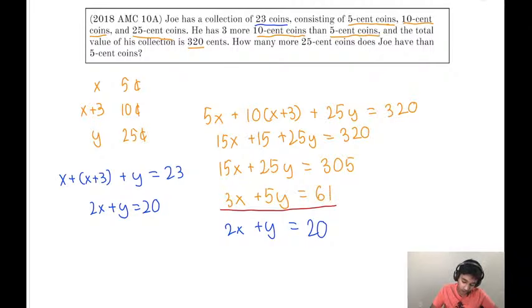Okay, so now what can we try to do from here? Now we have these two equations in terms of the number of coins of each kind.